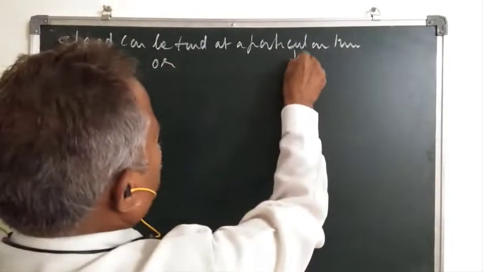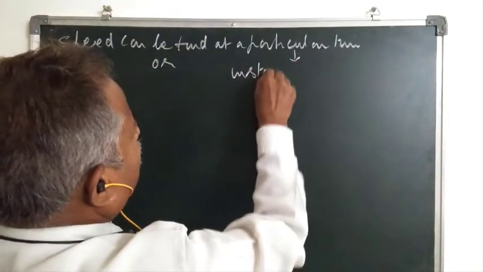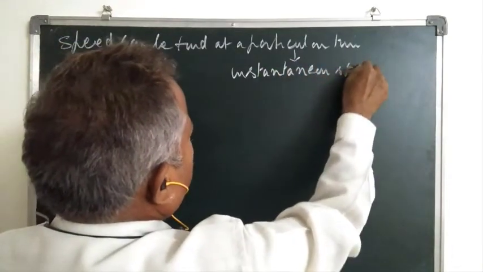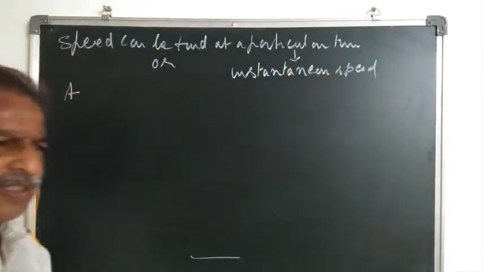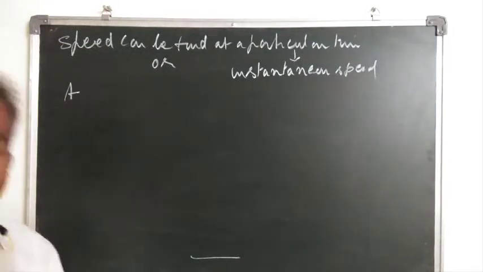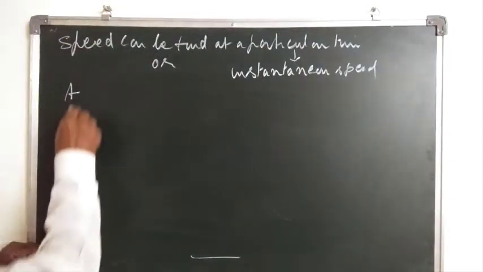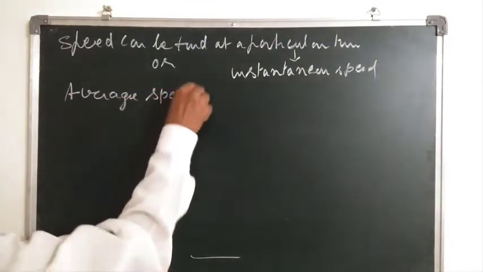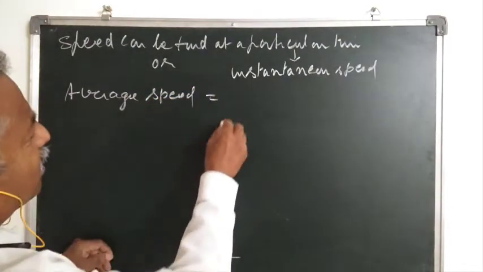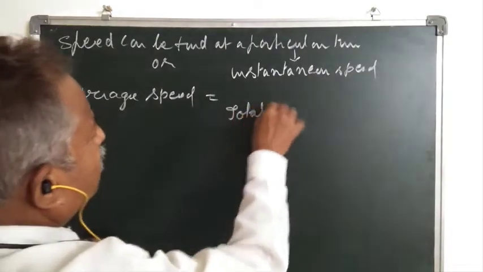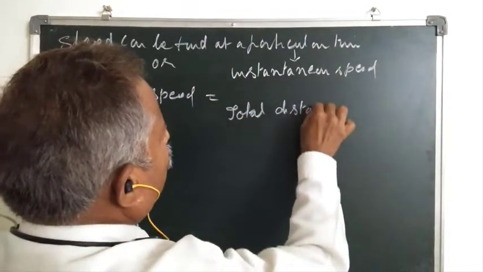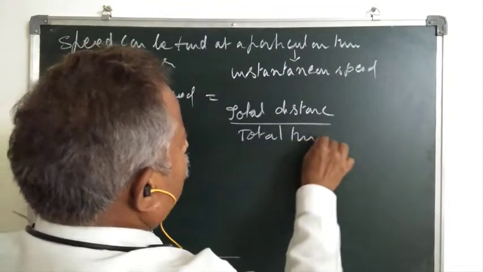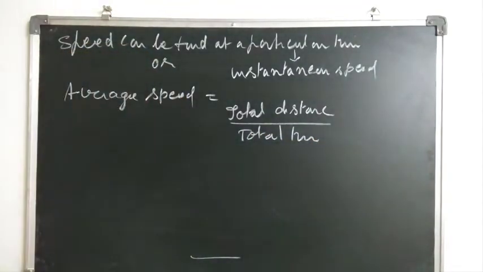This particular time speed is referred as instantaneous speed. Instantaneous speed means speed at a particular time instance. Otherwise, it is average speed. Average speed means it is the total distance by total time.